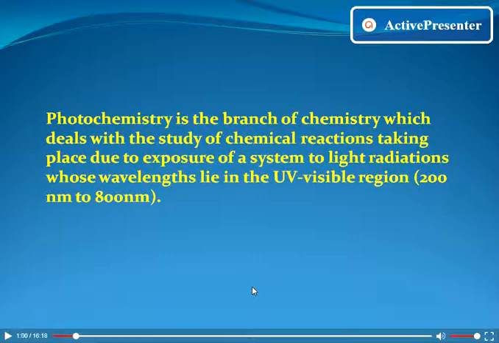Or we can simply say that it is the study of chemical reactions that proceed with the absorption of light radiations by atoms or molecules. So we can easily define it that way.